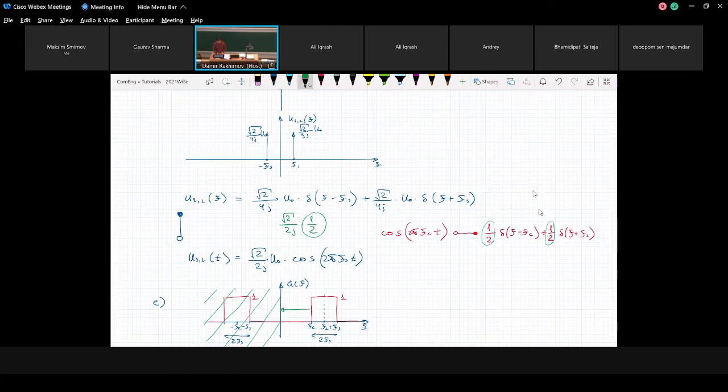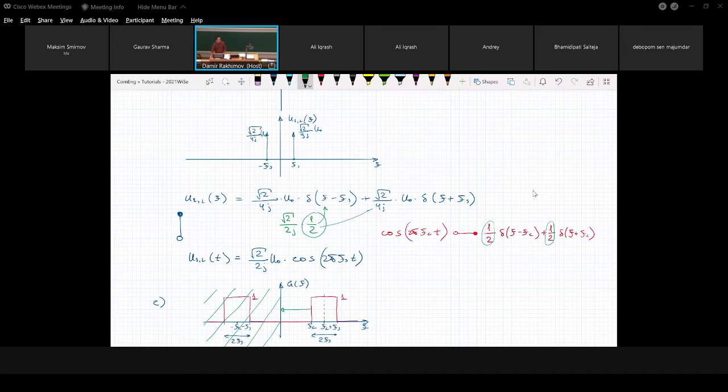And then we just reshaped our expression to match this form, because you need to have 1/2 in front of each delta pulse to get one cosine function. Then we combine one part 1/2 with the first delta pulse, and we have also the same 1/2 for the second delta pulse.